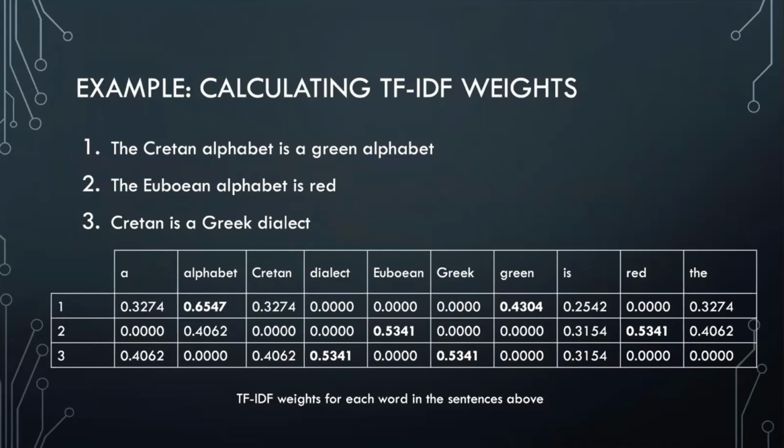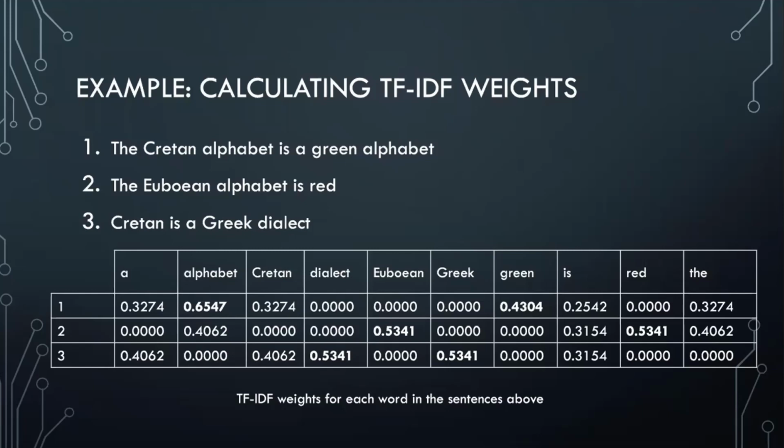So if we calculate the TF-IDF weight for each of the words in each sentence, we can see how these numbers are quite low for words that appear in all sentences, like "is", having an even lower score in the first sentence as it is longer than the other two. However, words that get repeated in the same sentence, like "alphabet" in the first example, or that only appear in one of them, like "dialect", "Euboean", "Greek", and "red", get higher scores, as these are interpreted as being more relevant in their text.